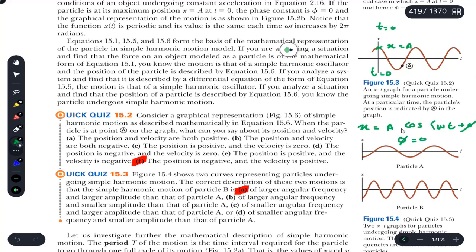Why? Because cos 0 is 1, and this is supposed to be A as well, so the phase must be 0 as well.